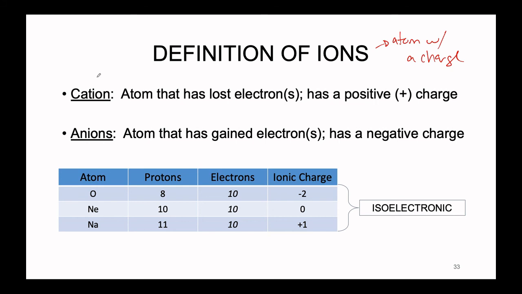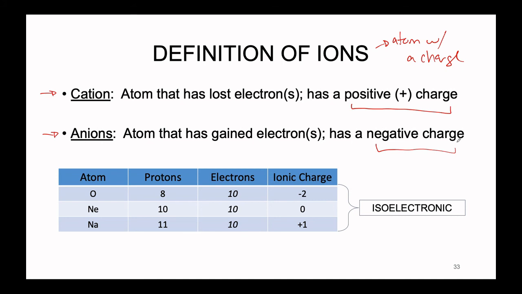Now we have these two additional definitions down here that we are going to discuss. These definitions, cation versus anion, are used to describe either atoms that have a positive charge, so these are positive ions, or those that have a negative charge, so these are negative ions.